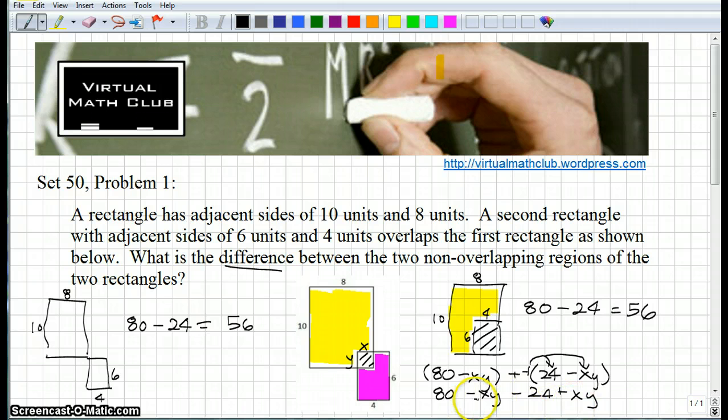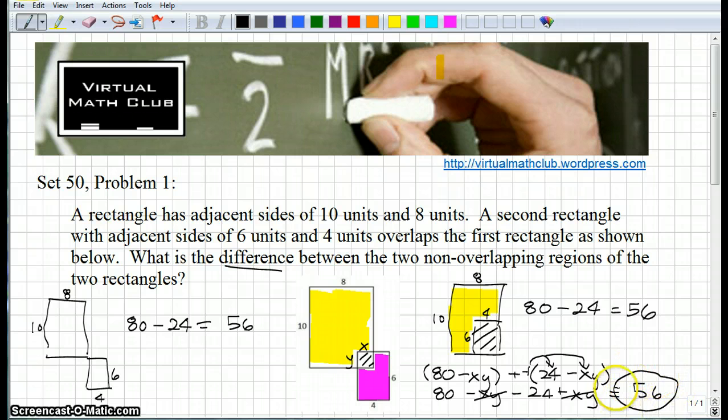And then we have a negative xy and a positive xy, which when we add those together, become 0. And so then, no matter what our overlapping region is, the difference between the two non-overlapping regions is always going to be 80 minus 24, which is 56.